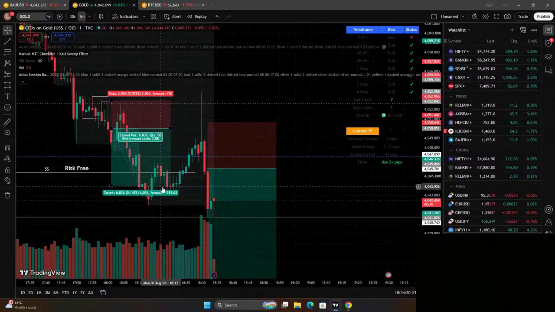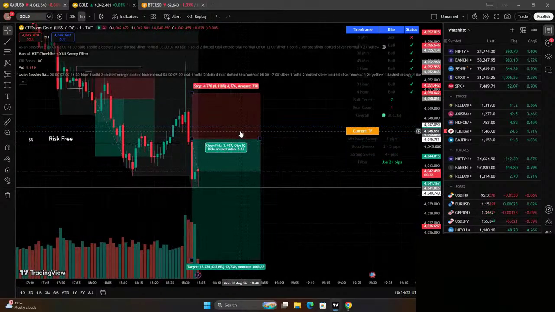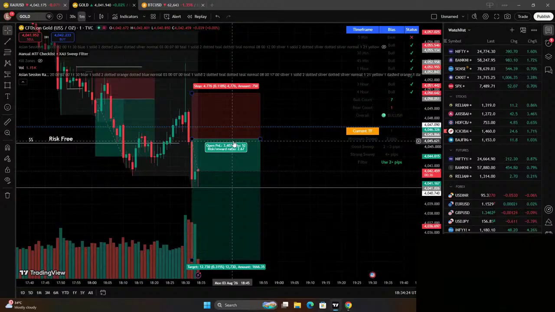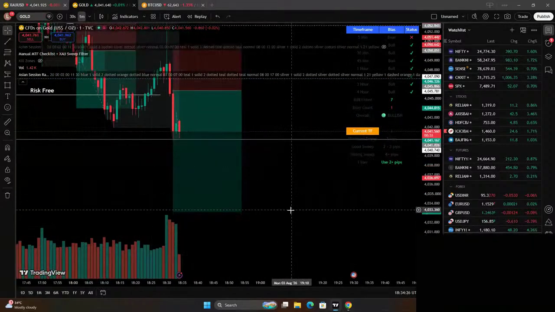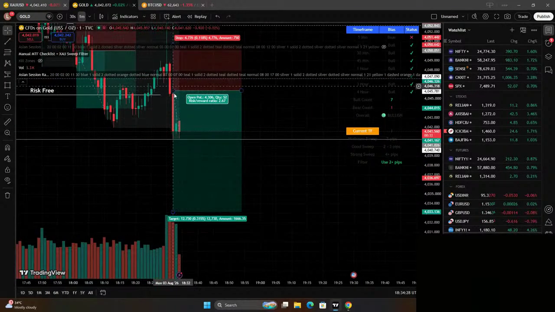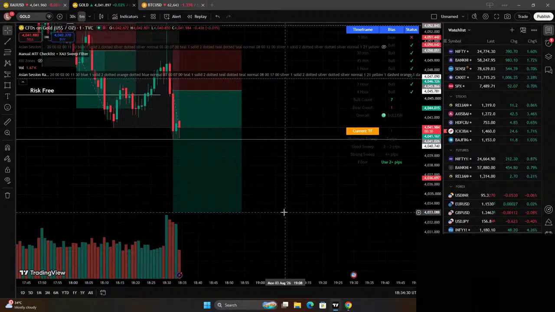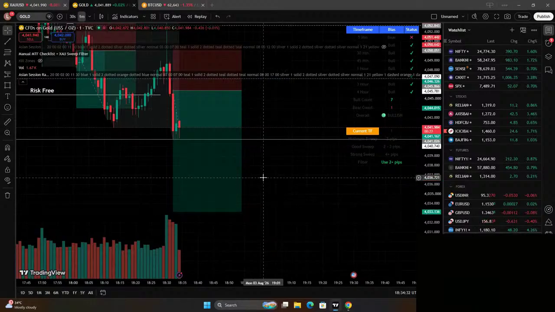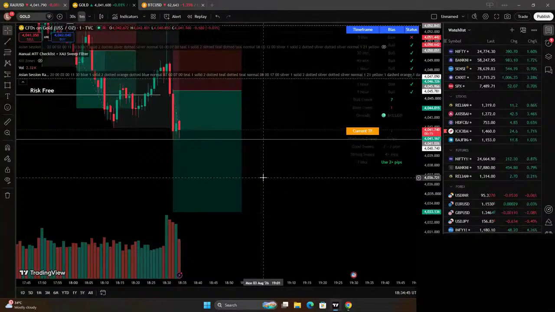Target is that only, and for SL you can wait till here if you want for the price to come first, or maybe you can just directly take it, anticipating that it might just go down. 33.136 is the TP. We'll just go for one pole.